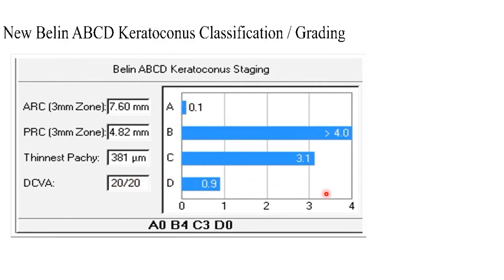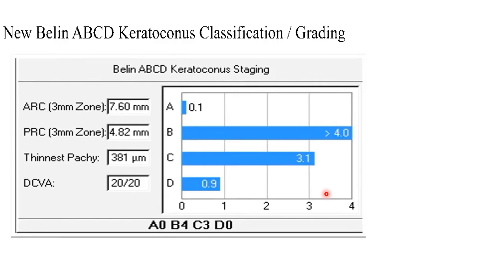This type of staging or classification is useful in population-based studies in which you want to classify a group of people according to the stages of keratoconus they have. But this mode of presentation of the data is not useful to document personal progression in a particular patient. So this differs from the progression analysis.